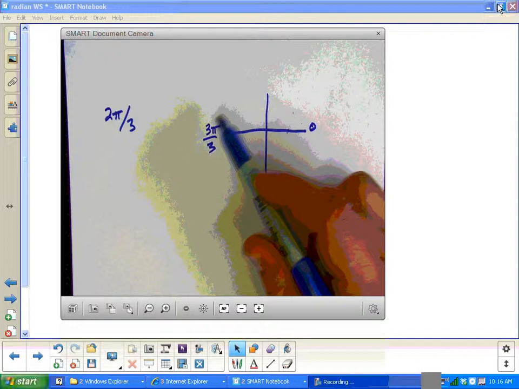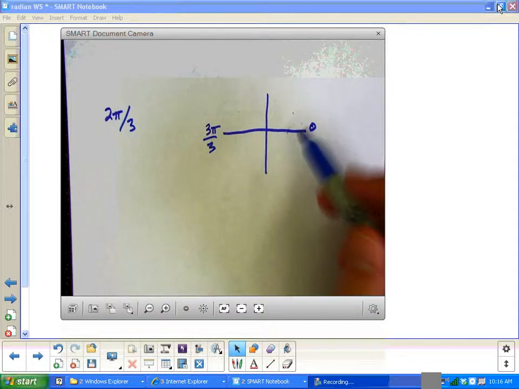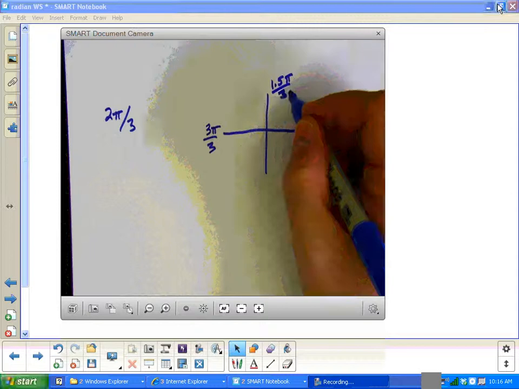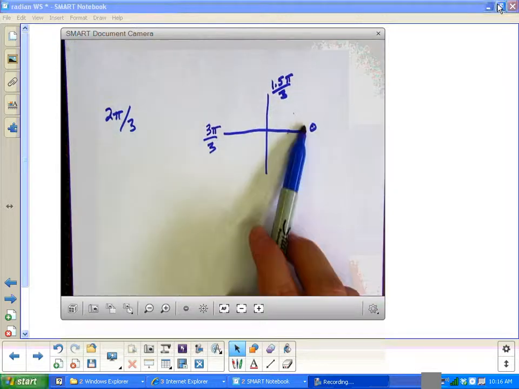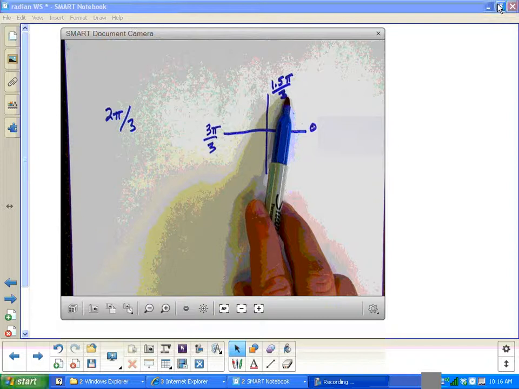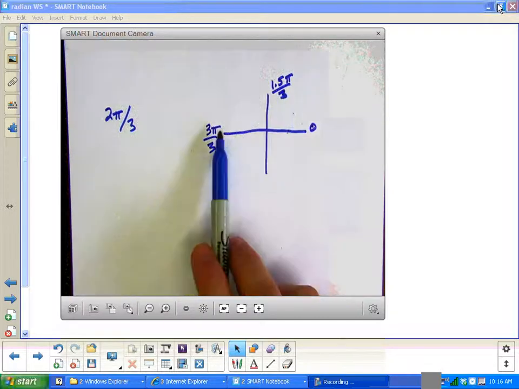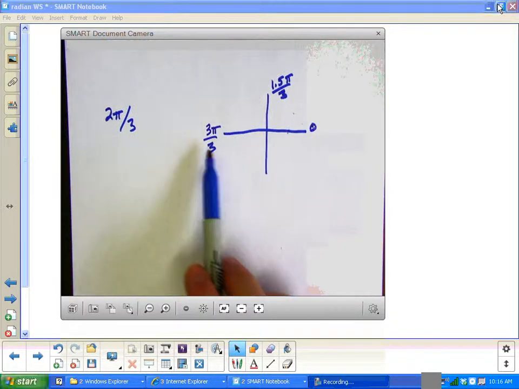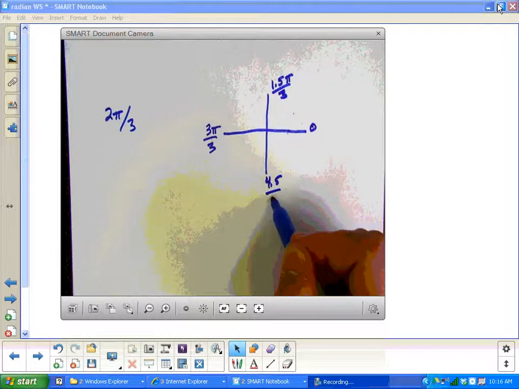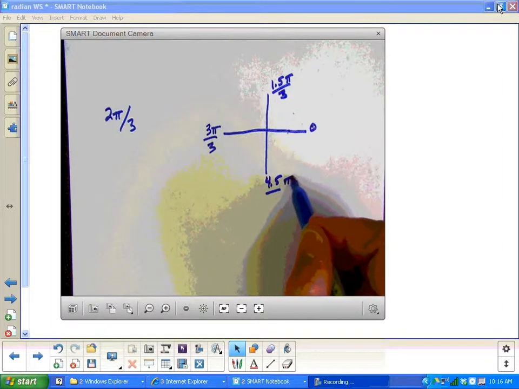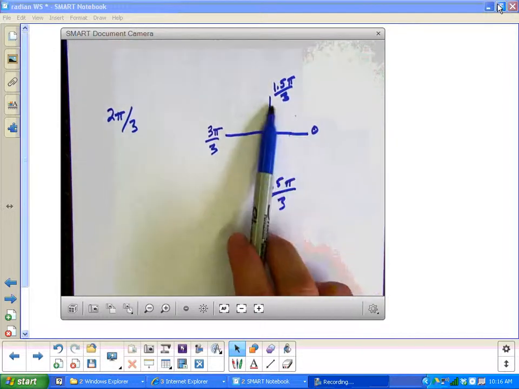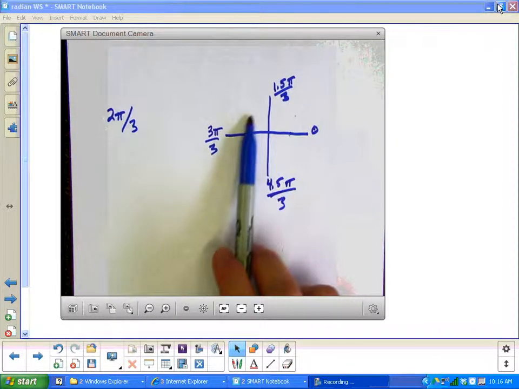What's halfway there? 1.5. So this would be 1.5 pi over 3. So every 90 degrees is 1.5 pi over 3. So we have 1.5 pi over 3, 3 pi over 3, and this one would be 4.5 pi over 3. Every 90 degrees, we're going up by 1.5 pi.